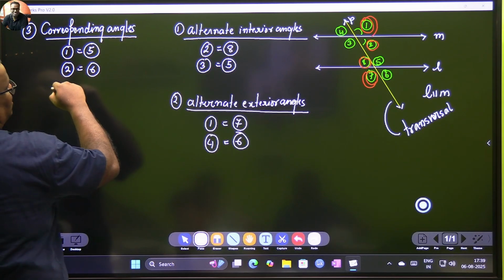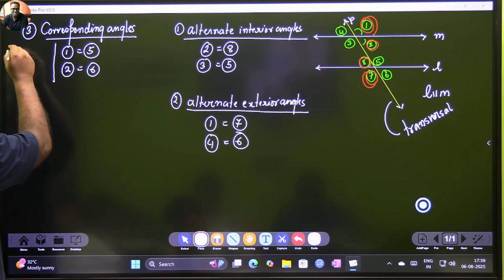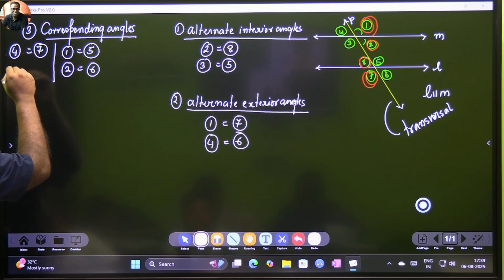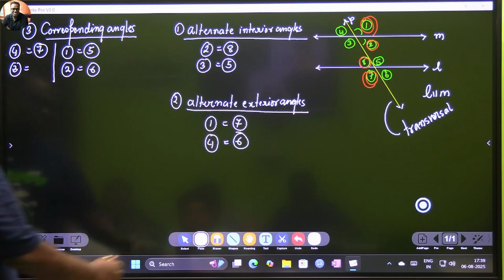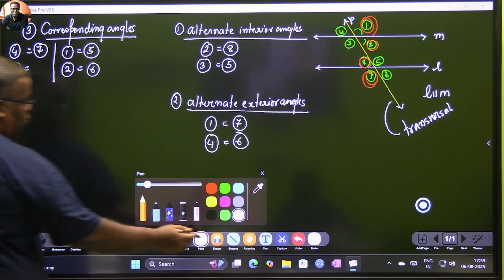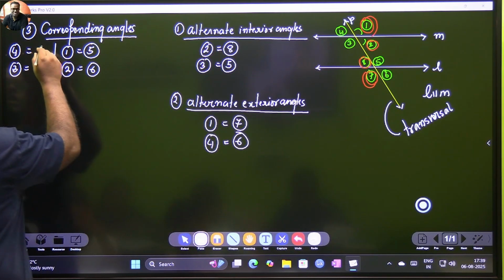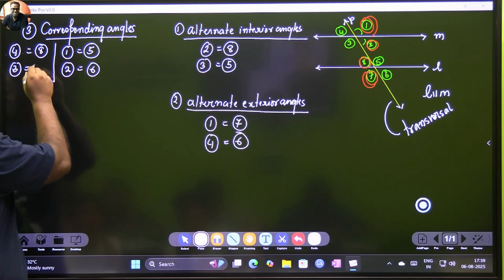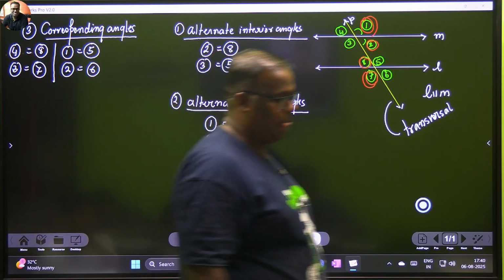And on the left hand side, 4 will be equal to 8, sorry, I did not see that. 4 will be equal to 8, and 3 will be equal to 7. Have you understood? Okay.